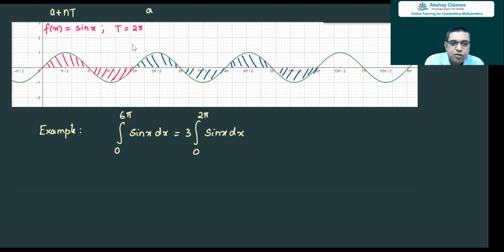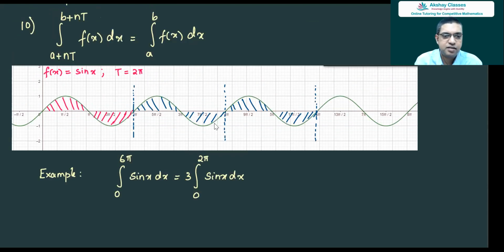Now, because of the repetition, the graph repeats itself. So it is again summation of areas. So you can do 3 times the area within the period. So this is valid.